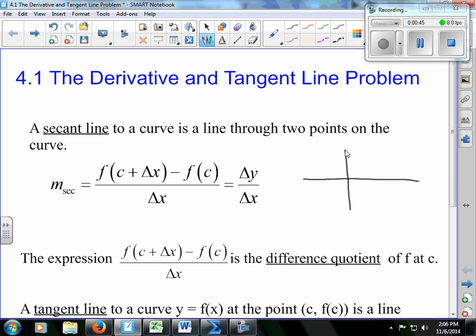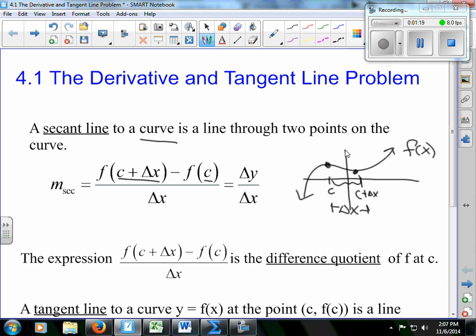If I have a curve, f of x, and I want 2 points on the curve, I'm calling them c plus delta x and c. Those are the x values. So maybe this is c, and this is c plus delta x. Notice that these 2 points are a distance of delta x away from each other. So here's 1 point, and here's a second point on the curve.